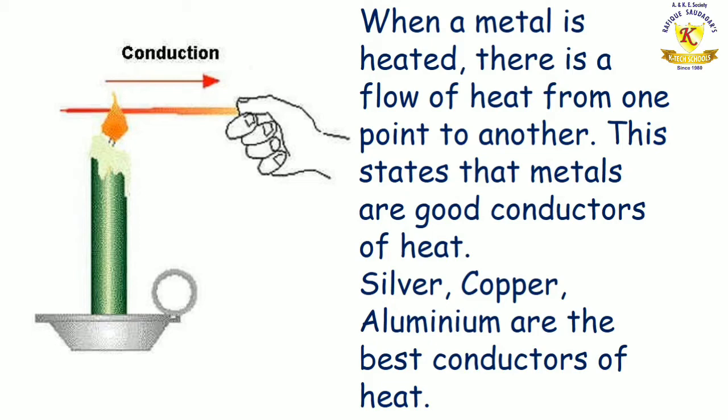Silver, copper, and aluminium are the best conductors of heat. It means when a metal is heated, the heat can flow easily from one end to the other. So, in short, metals are good conductors of heat. We also have a few exceptions.